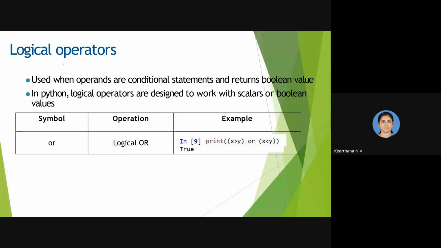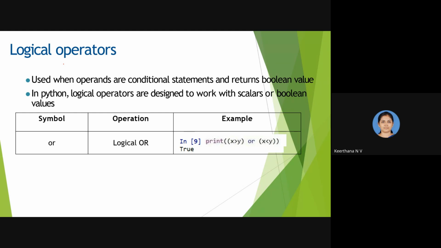Next one is logical operators. Logical operators mean you will be checking two relational conditions by using and, or, not. So keep it in your mind, relational operator and logical operator are different.